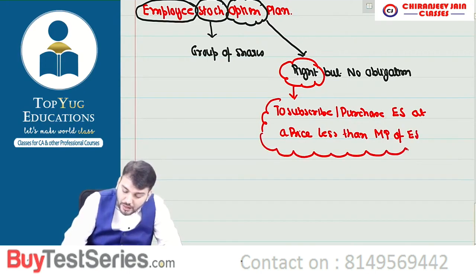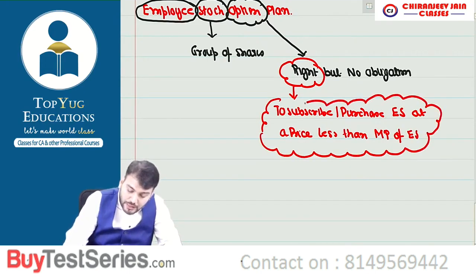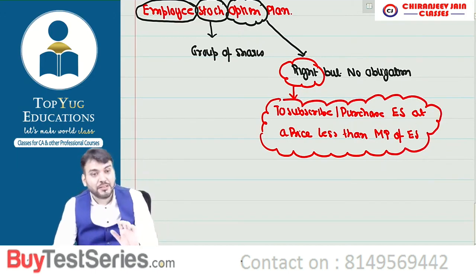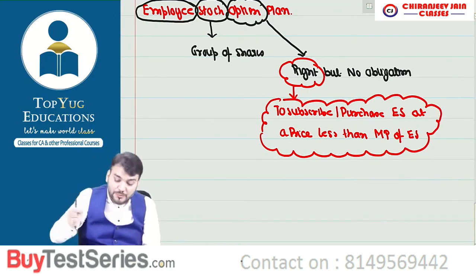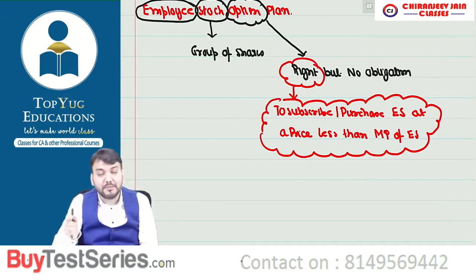Correct. Understood. So this right is given. The right is what? To subscribe equity shares at a price less than market price.